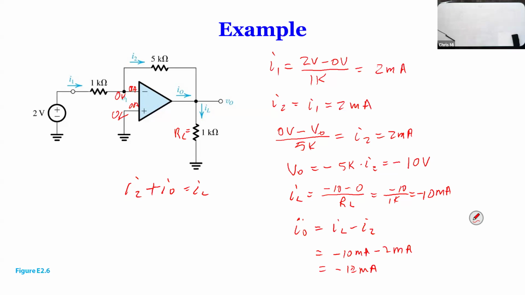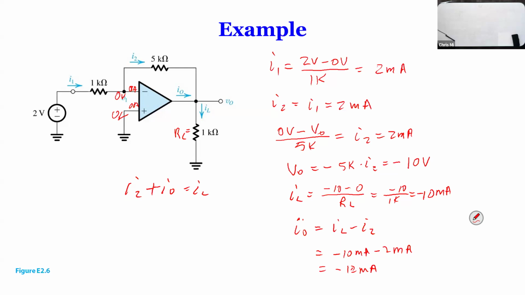The load resistance has nothing to do with the voltage, but the current definitely is defined by the resistance. So if we increase to 10K, right away you see your load current becomes 1 milliamp instead of 10 milliamps. So what I just wanted to emphasize here is that IO is coming out of this op amp, which means this op amp is supplying a current, in this case 12 milliamps.